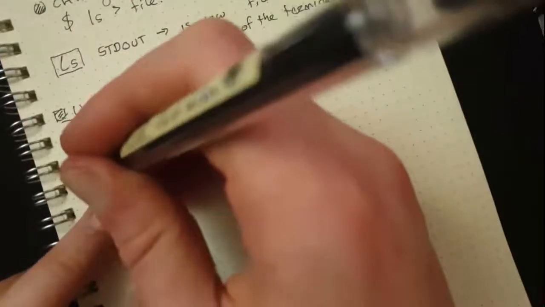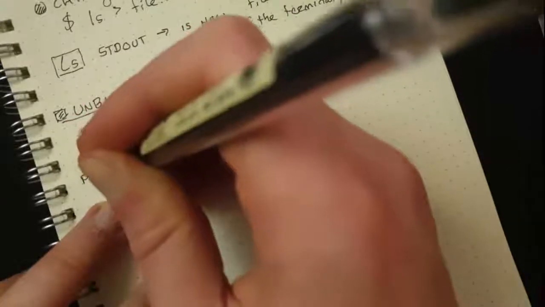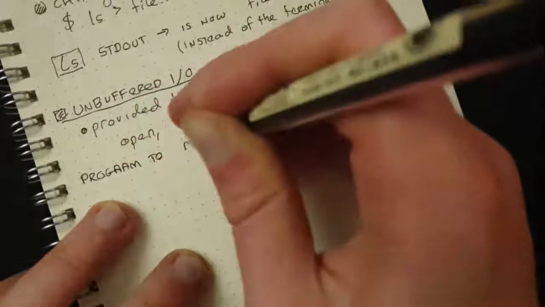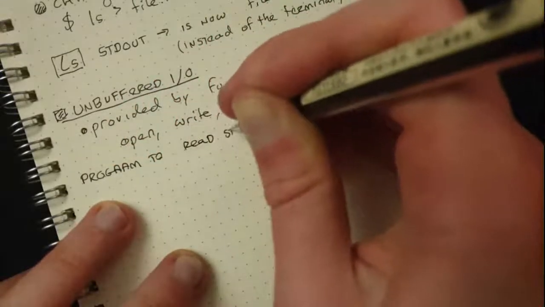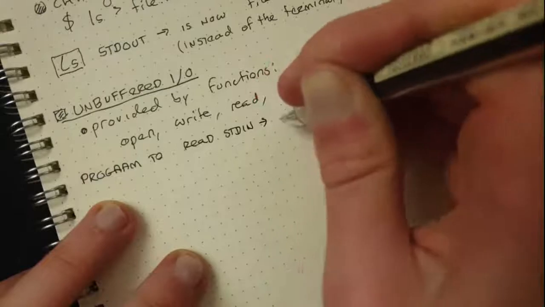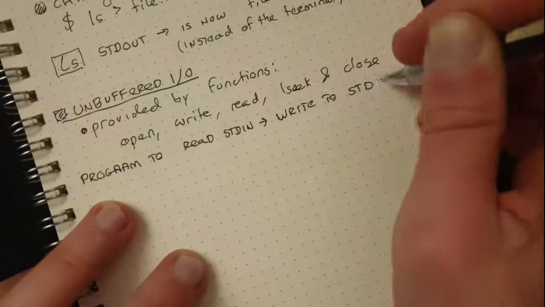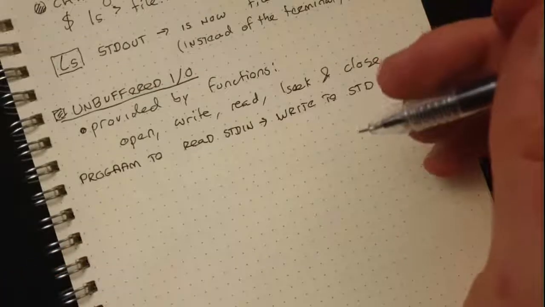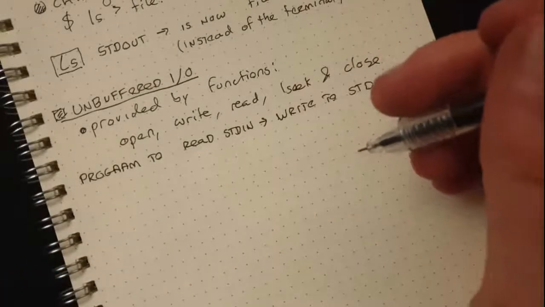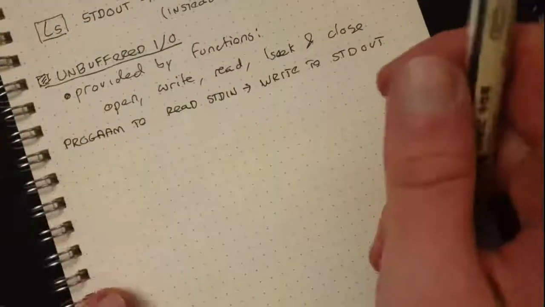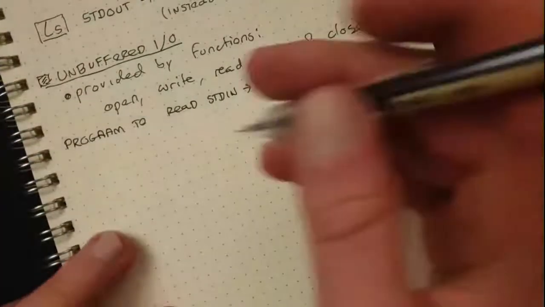So, a program to read stdin and write to stdout. This would basically be something like echo.